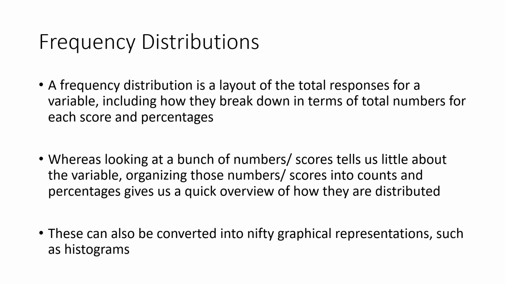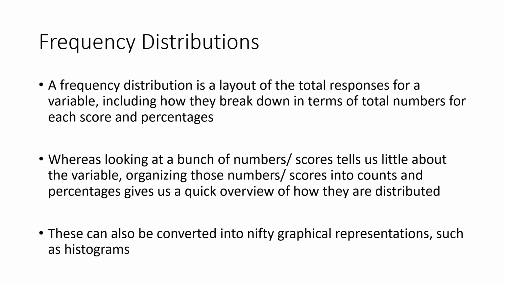So if you're looking again at a bunch of scores, a bunch of numbers, it's hard to understand or identify patterns in the data. The problem with raw data is that it's just a bunch of numbers in a column, and they don't necessarily tell us anything just by looking at those numbers. This is especially the case with very large data sets with big samples.